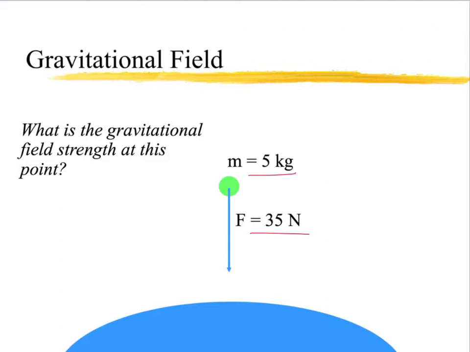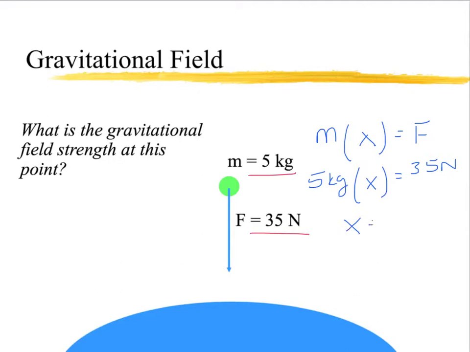Okay, so let's see if you got it correct. So if we have the mass, so the mass times this field strength, I'll just call it x, is equal to our total force. So 5 kilograms times this unknown field strength that we're trying to find is 35 newtons.